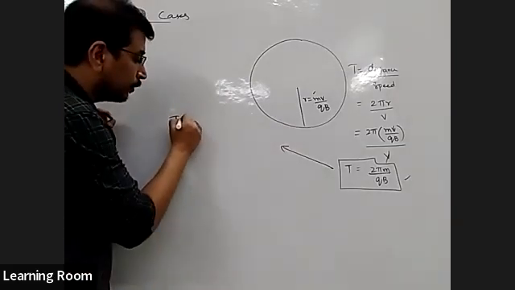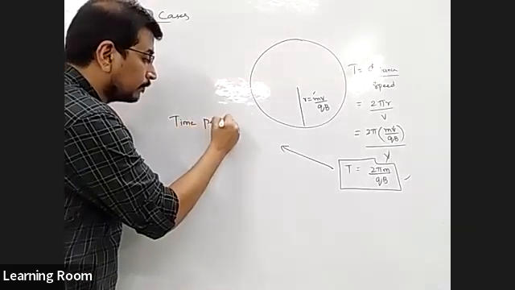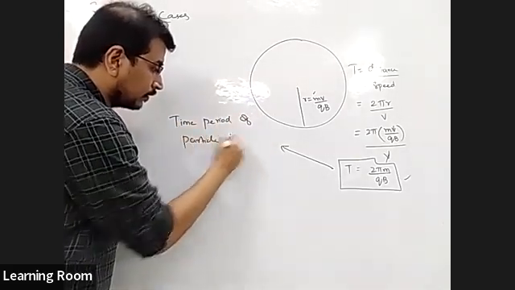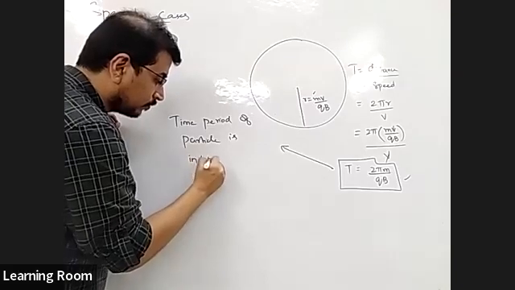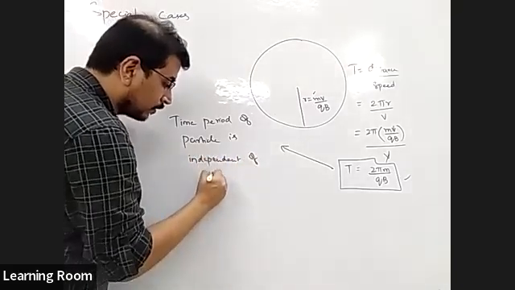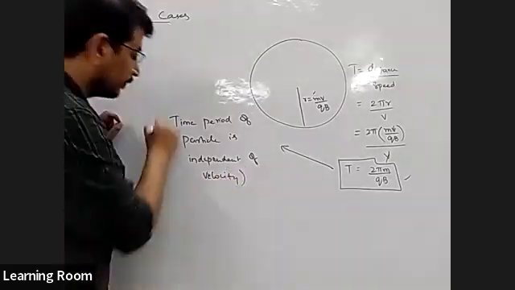So the time period of the particle is independent of the velocity.